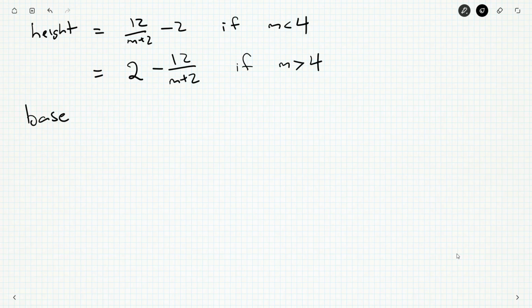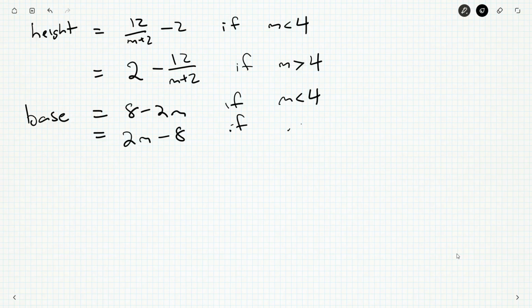And just remember what was our base? It was 8 minus 2m if m is less than 4. So I was expecting different m values, and we'd have interesting overlaps, but that's okay. 2m minus 8 if m is greater than 4.